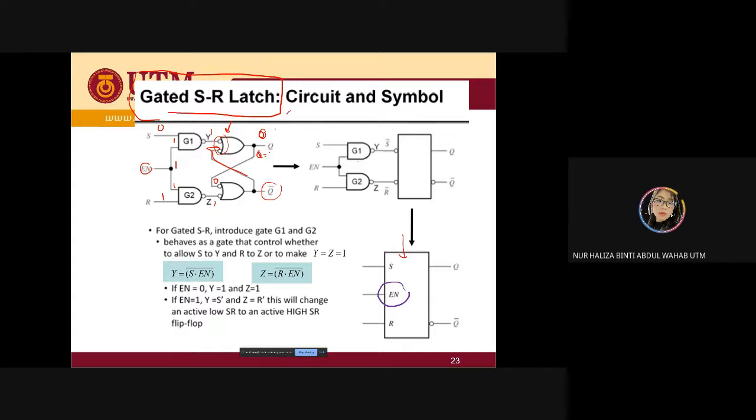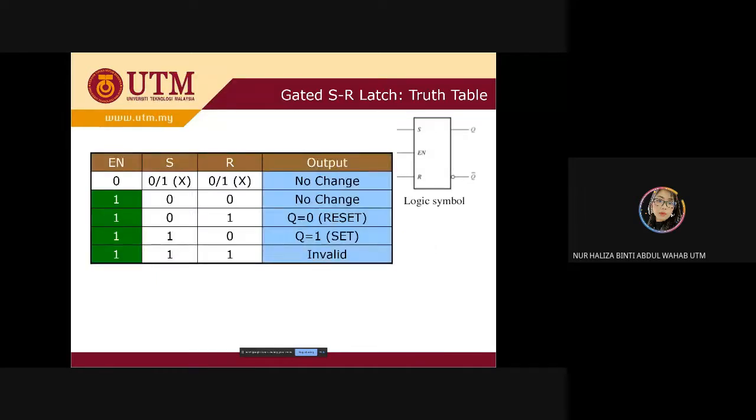You can prove it. After you try to prove everything, you can finalize it. It is totally similar to your previous SR table. You will get 0, 0, no change. 0, 1, reset. 1, 0, set.